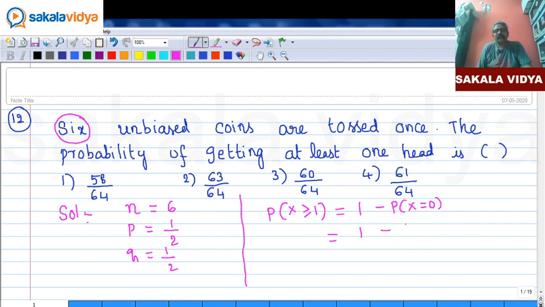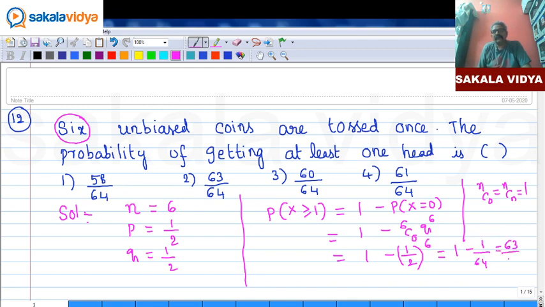So 1 minus 6C0 q to the power 6 p to the power 0. 6C0 is nC0 equal to nCn equal to 1, this will be 1. 1 minus 1/2 power 6, this is equal to 1 minus 1/64. So answer is 63/64. That means second option is the right option.